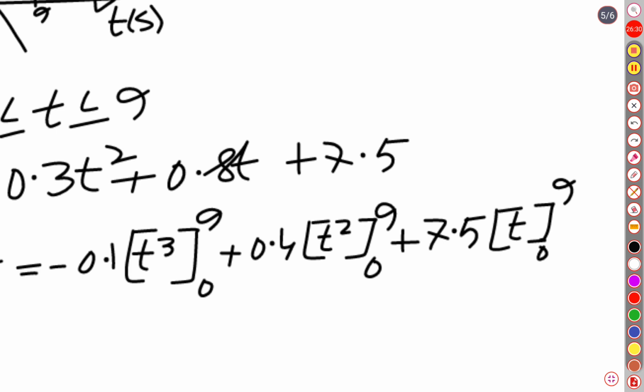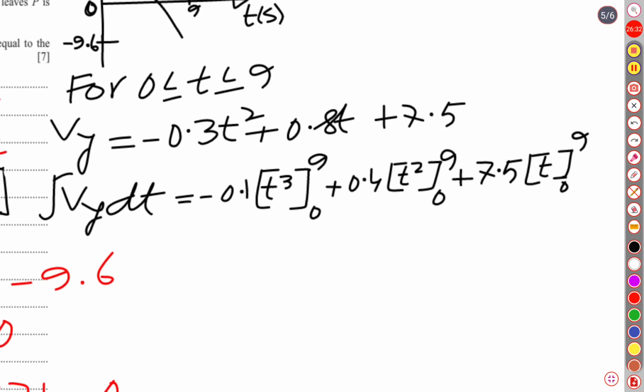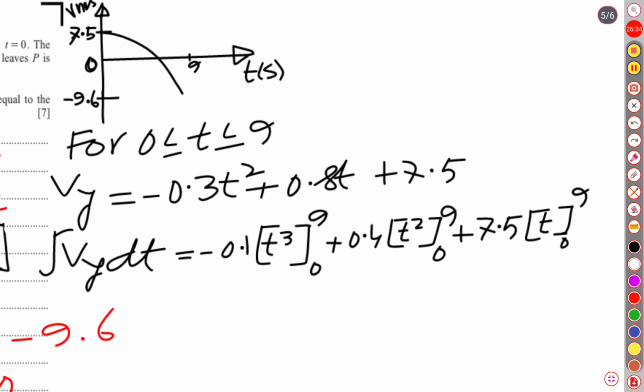Then if we simplify, our displacement of y is going to be: 9 cubed is 729, so negative 72.9, plus 9 squared is 81.